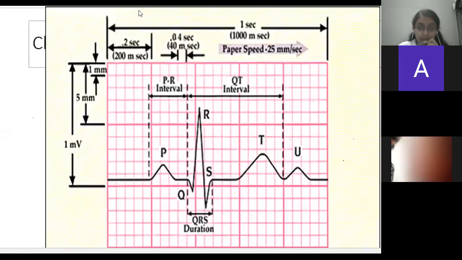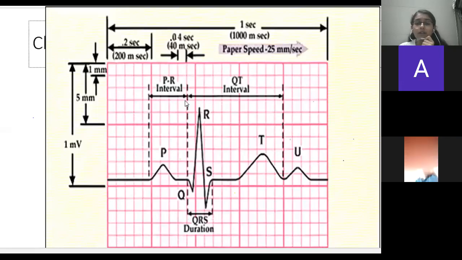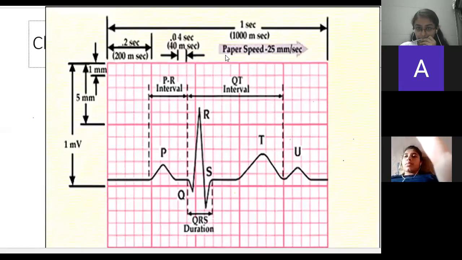So what is the significance of these big boxes and small boxes is, according to the paper's speed, you know that in 1 second, there will be 5 big boxes that will be crossing. Whatever activity you see in 5 boxes corresponds to the activity in the heart in 1 second.